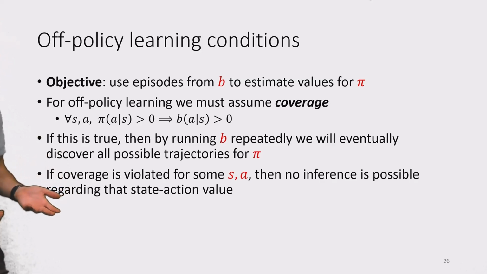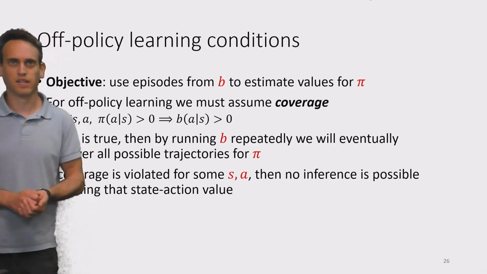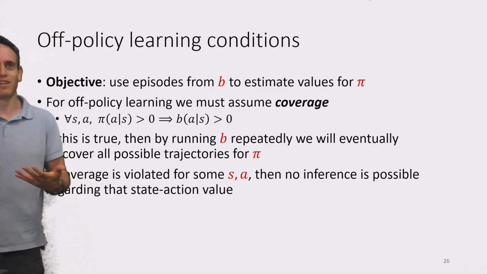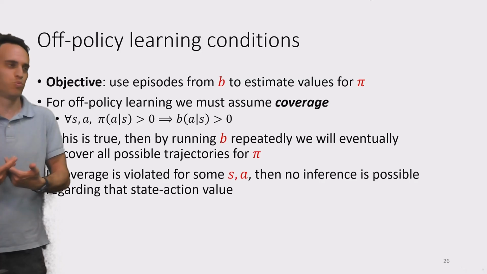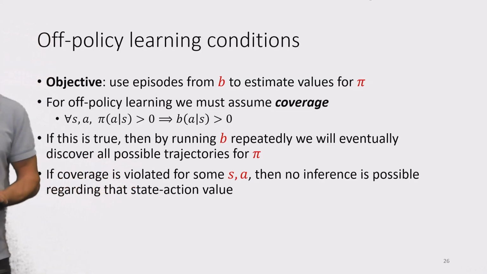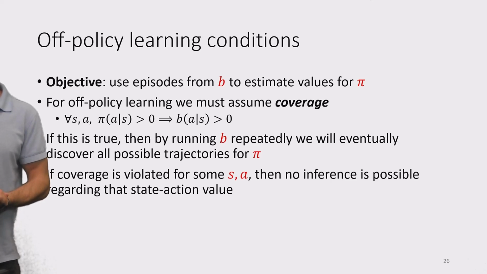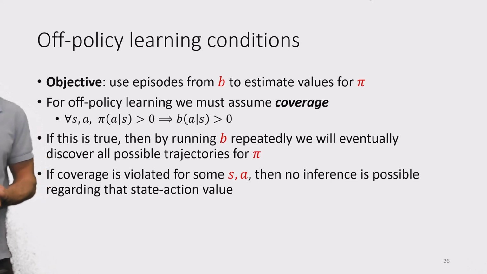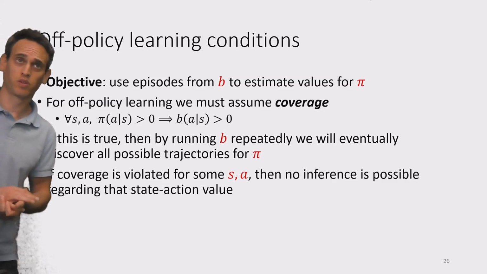And that makes sense, right? Hopefully it does. We won't be able to learn anything about state and action pairs that we don't sample. So if this is true, then by running our behavioral policy repeatedly, we will eventually discover all possible trajectories for pi, probably not with the same probability.